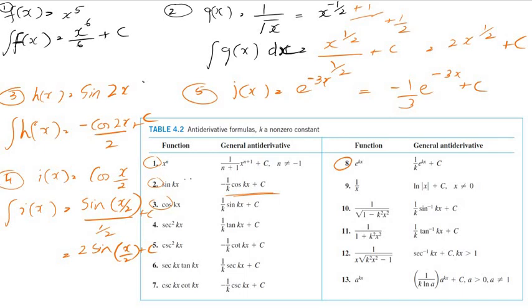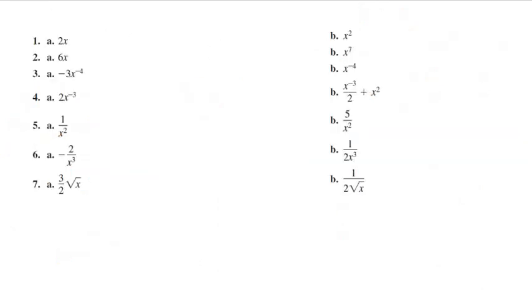Let's do a few more questions. Let's see how we get the antiderivatives of these functions. So if we look at a equals 2x, so integration of 2x dx. Let me draw the integral sign better.